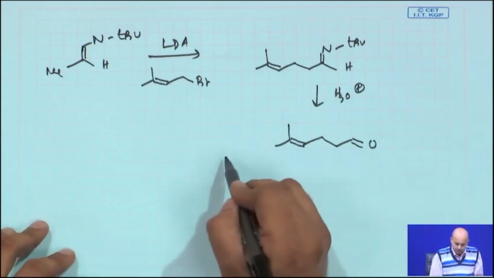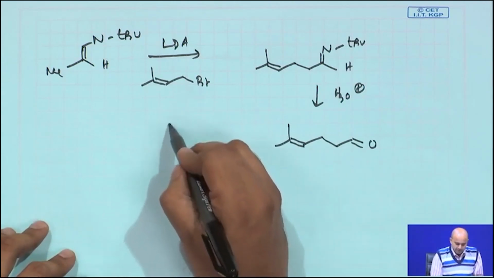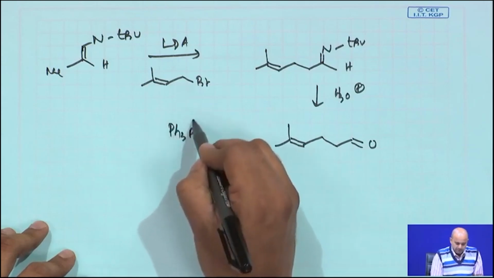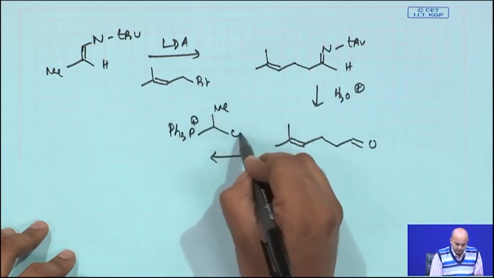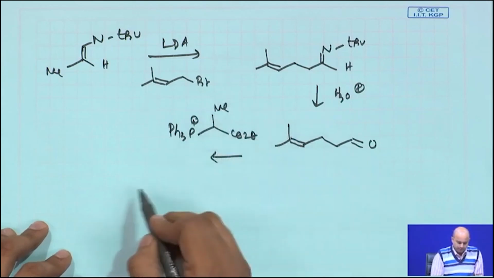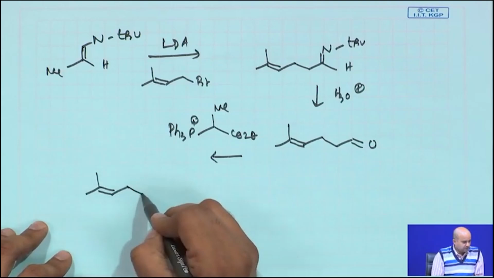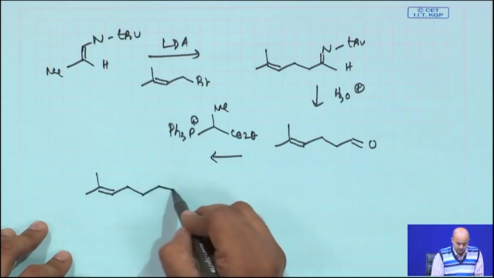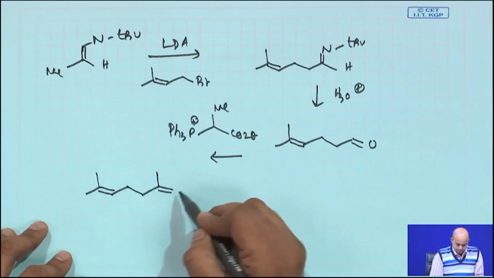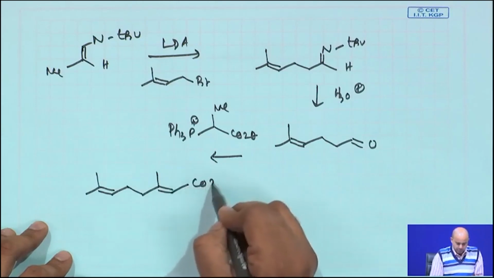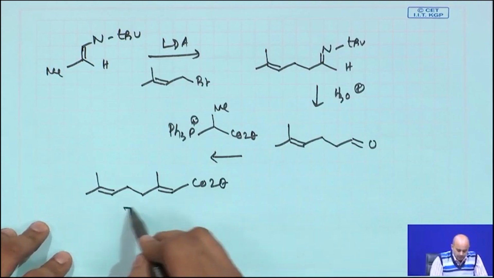So, now we are very close. Now, we need to do a Wittig reaction with this particular ylide or salt, which seems pretty much straightforward, and you come to this target molecule.